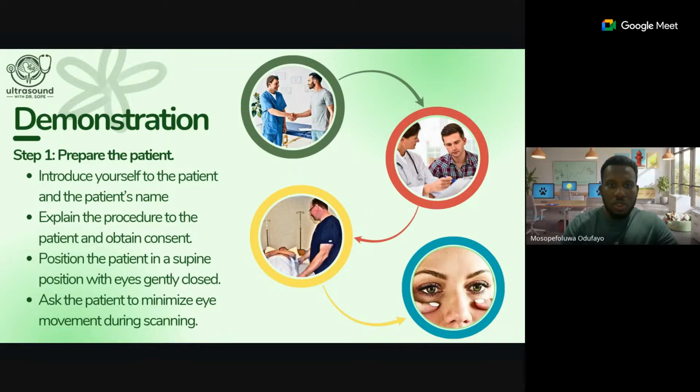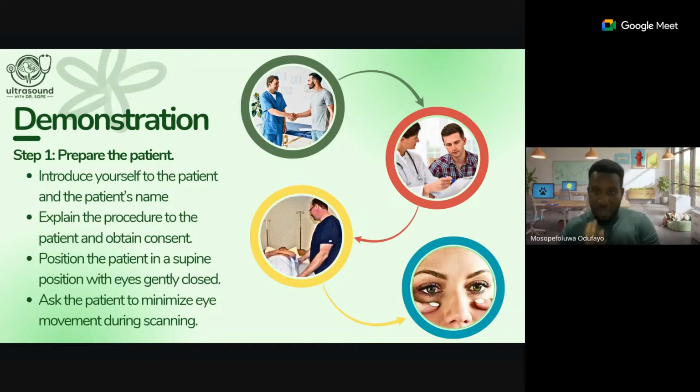Then the third thing you have to do is to position your patient. Anybody you are going to be doing an ocular scan for is going to be lying in the supine position. In this setting, it's advisable that you make sure the eyes are closed gently.